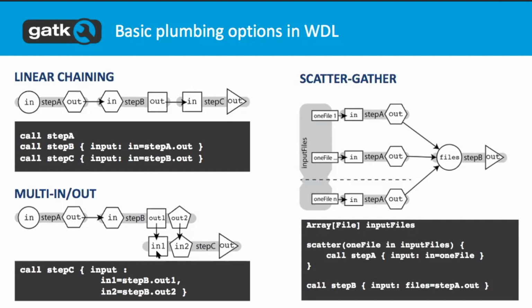I see. Yeah, you can. Inside of a scatter block, you can have call step A, call step B, and so on. That's fine, and it will parallelize. If you say call step B, call step C, those will run sequentially, but it will parallelize across these files.